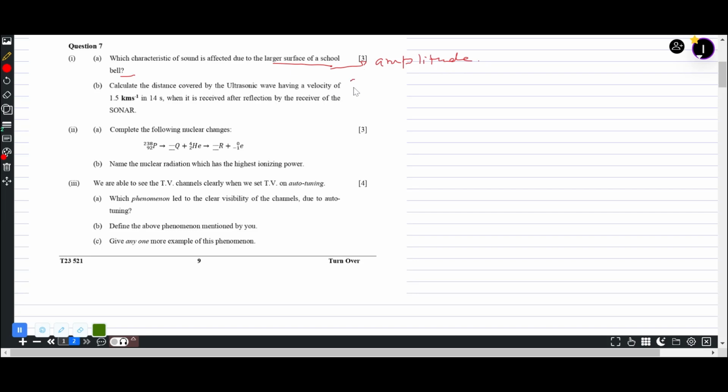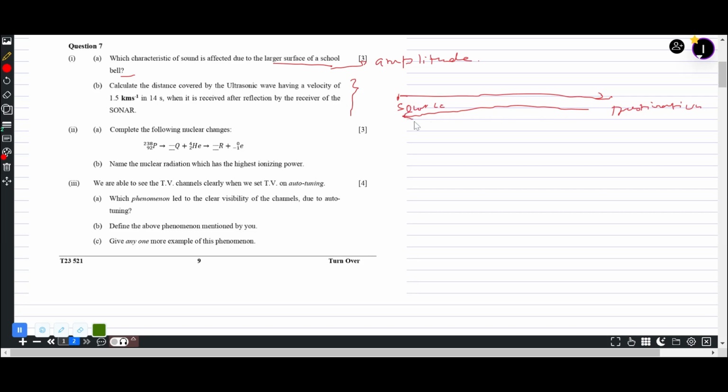Next is: calculate the distance covered by the ultrasonic wave having a velocity of 1.5 kilometers per second in 14 seconds when it is received after reflection by the receiver of the sonar. Now how it works is that the ultrasonic wave travels from the source to the destination, and then it comes back.